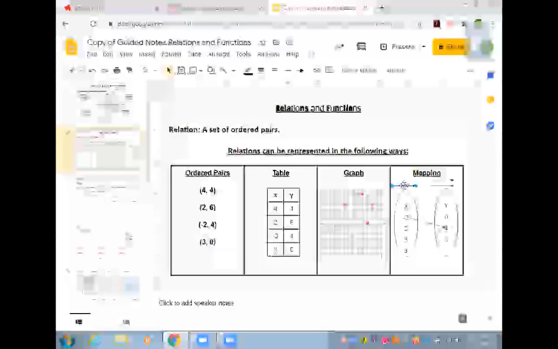For the next one, I'm going to grab another arrow. I've got 2. What does 2 go to? 6. So put our arrow next to 2, and then grab the end of it and point to 6.